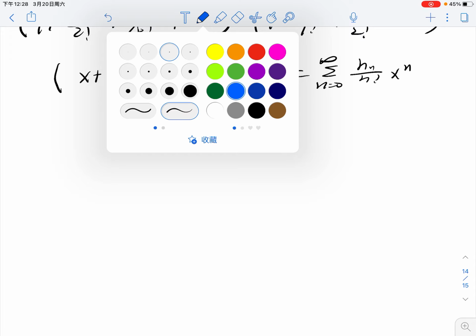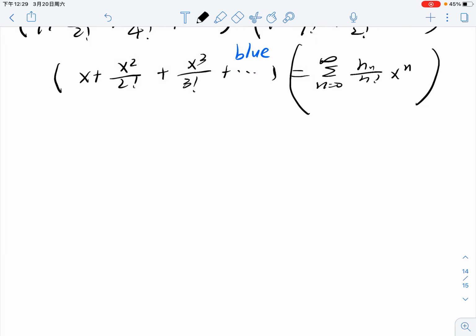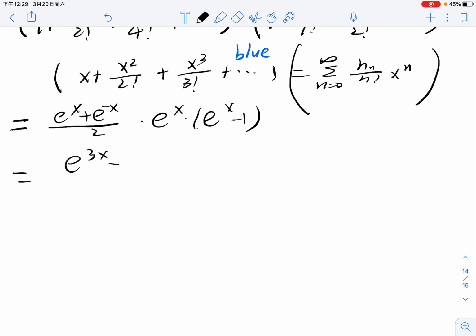Okay, and then you can compute: (e^x plus e^(-x)) divided by 2 times e^x times (e^x minus 1). And then finally (e^(3x) minus e^(2x) plus e^x minus 1) over 2.